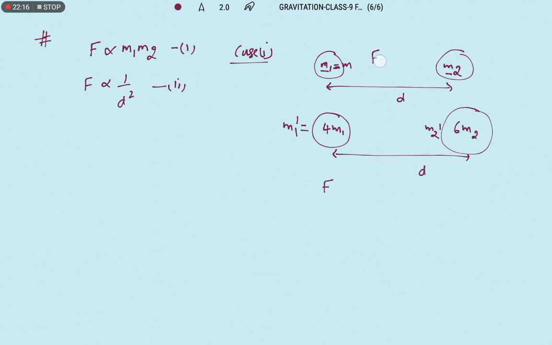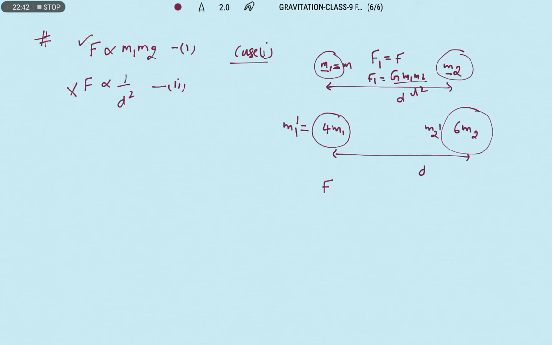So F1 they have given as F. How can we write F1? F1 is equal to G m1 m2 by d square. Now in the second case, what is going to change? The masses of the objects change while keeping the distance constant. If the distance is constant, there is no dependence on distance, only on masses.